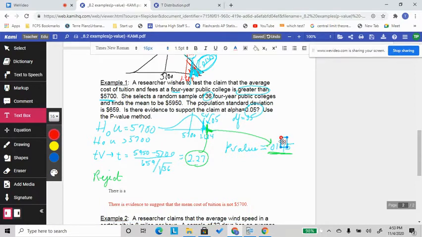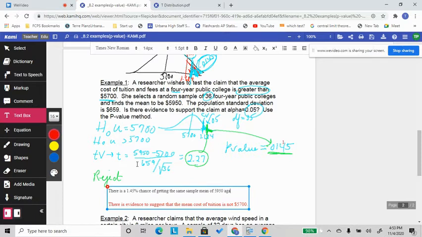1 point... is a 1.45% chance of getting the same sample mean of 5,950 again or more extreme, based on a true mean of 5,700.